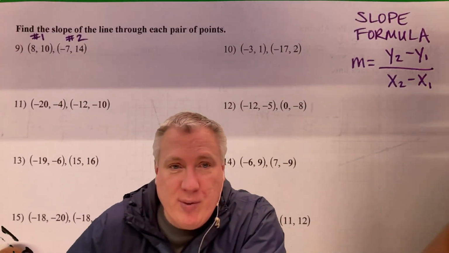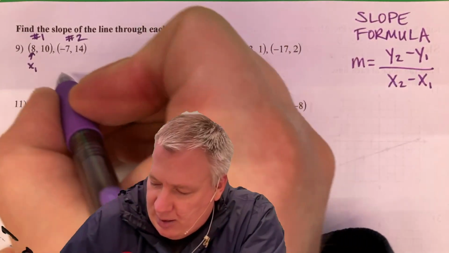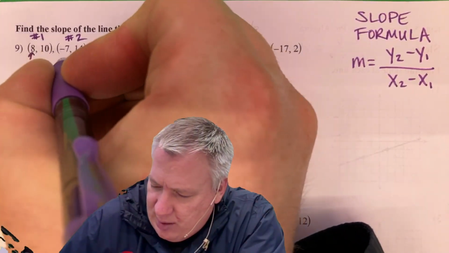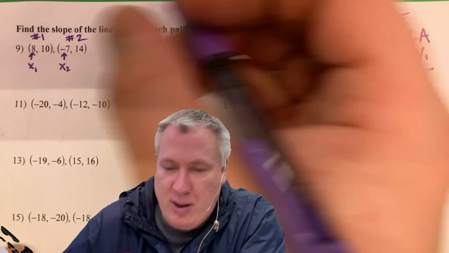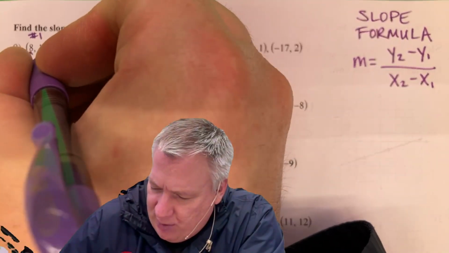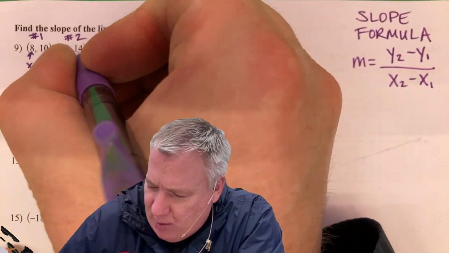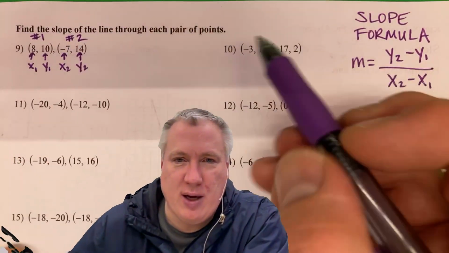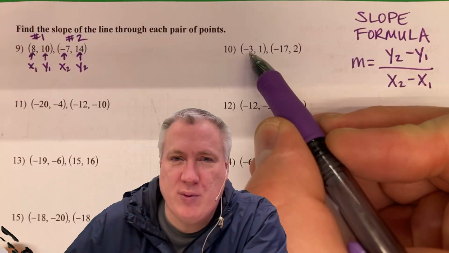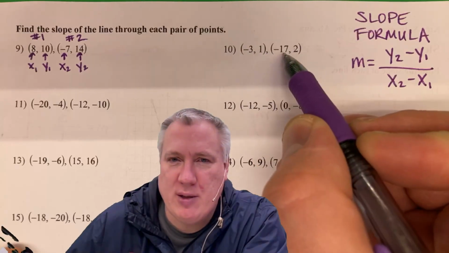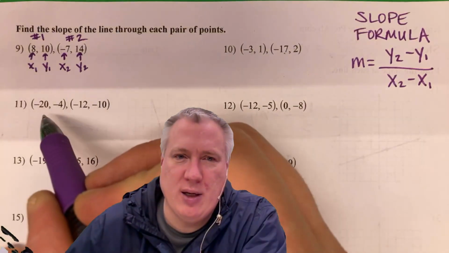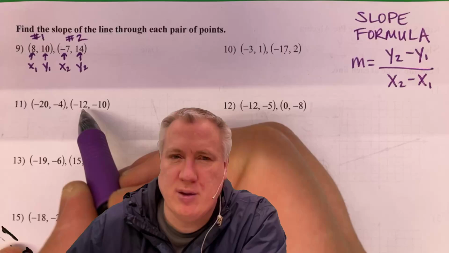And so how I would label this is x1 would be that first x coordinate, and x2 would be the second x coordinate. And then y1 would be the first y coordinate, and y2 would be the second y coordinate. So this is true every time. So every time you see it, you can go x1, y1, x2, y2, x1, y1, x2, y2.